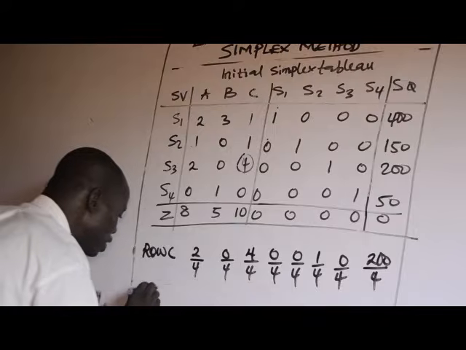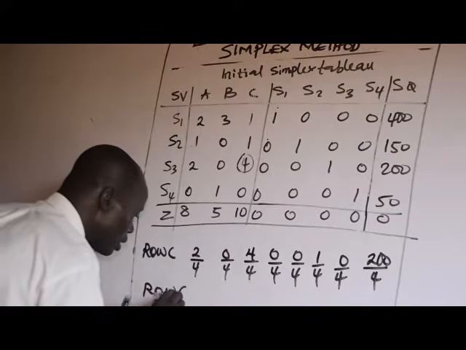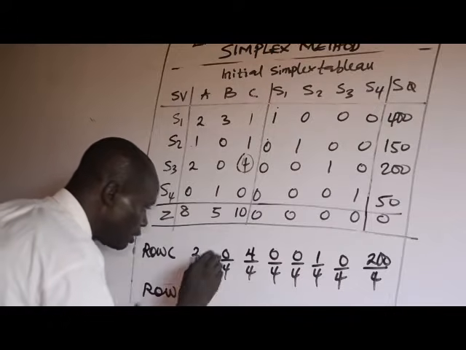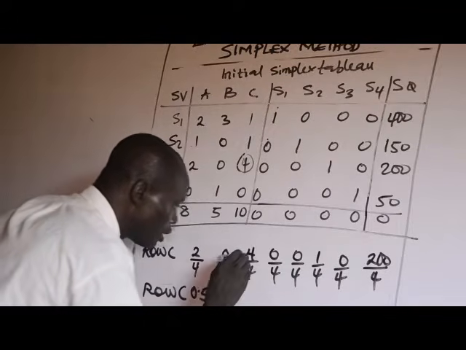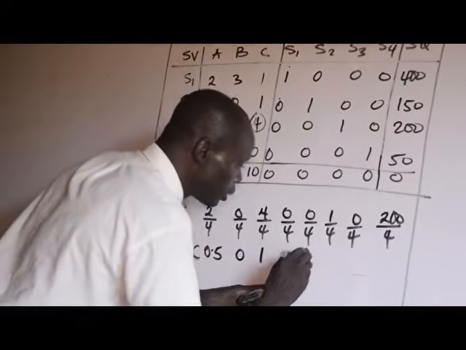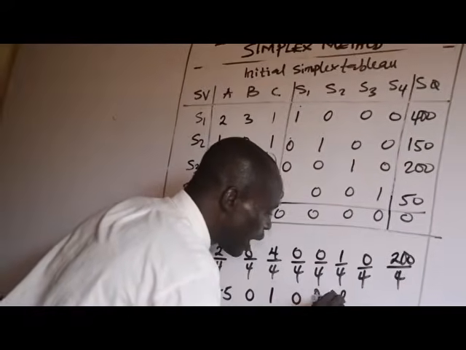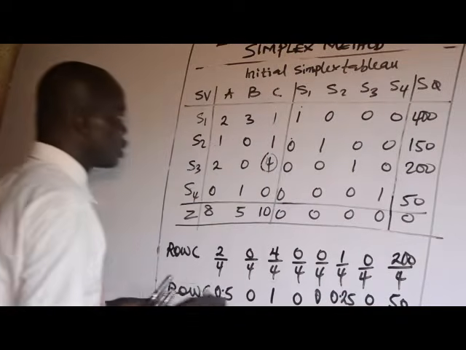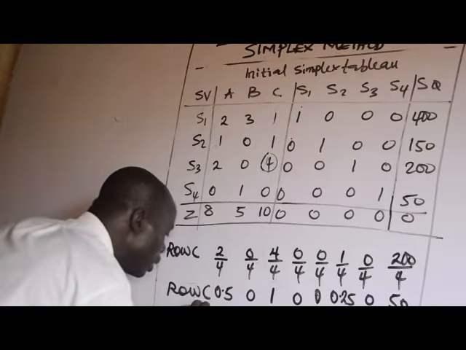That means our row C becomes 0.5. 2 divided by 4 is 0.5. 0 divided by 4 is 0. 4 divided by 4, 1. Then 0, 0, 0.25, 0 and 50.